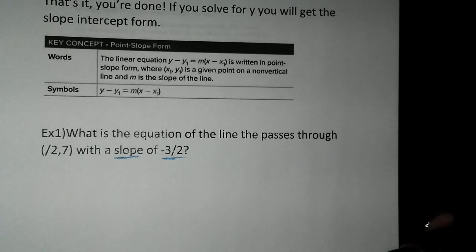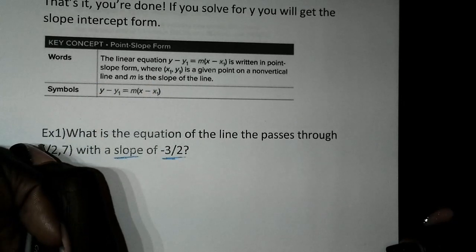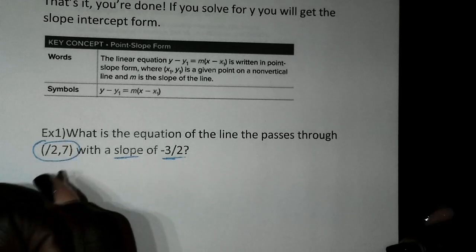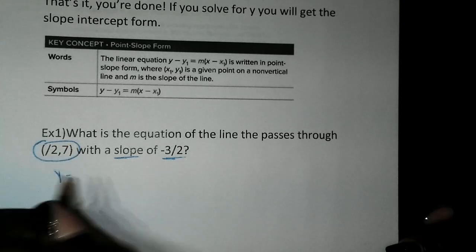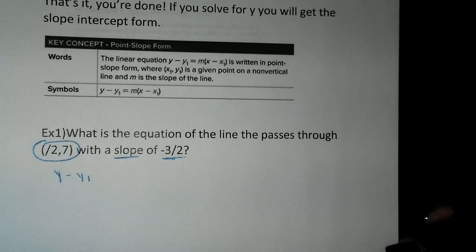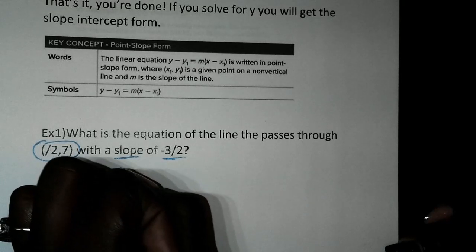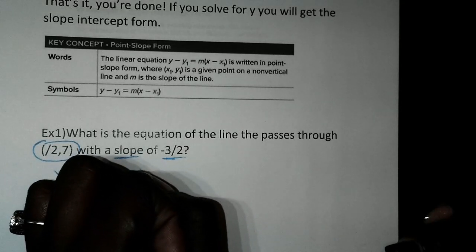Then we're given our point, so we don't have to choose between 2 points. Our point is 2, 7. So in this case, we write out our point slope formula, y minus y1 equals m times x minus x1.